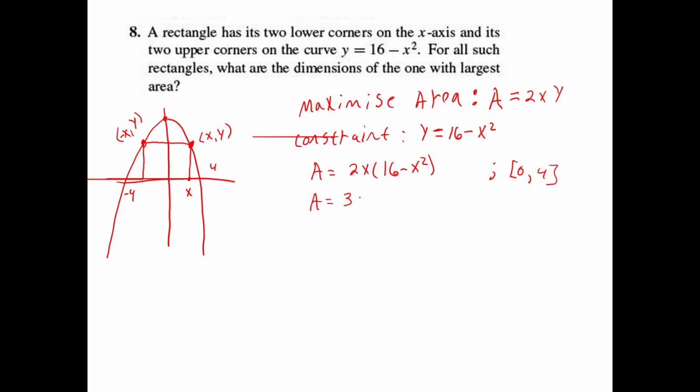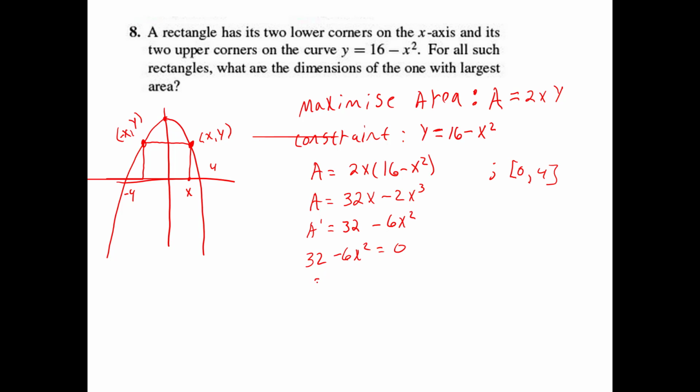But we need the critical points, so we expand this, distribute: 32x minus 2x cubed. Find the derivative. A prime of x will be 32 minus 6x squared. And the critical number: 32 minus 6x squared equals 0.